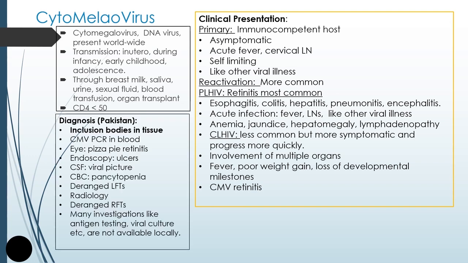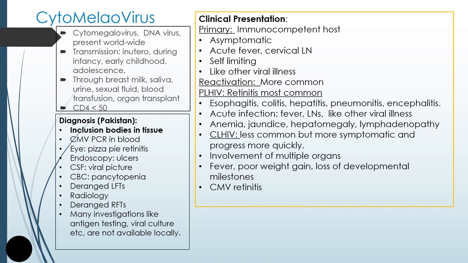Diagnosis is usually made on the basis of presence of inclusion bodies in tissues, presence of CMV virus in blood, which is done through PCR, pizza-pie appearance on eye examination, presence of ulcers on endoscopies and colonoscopies, viral picture on CSF, pancytopenia in disseminated CMV, deranged LFTs, deranged renal function tests.